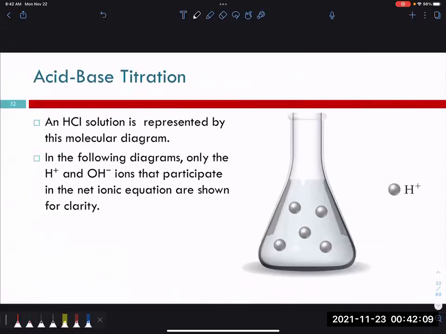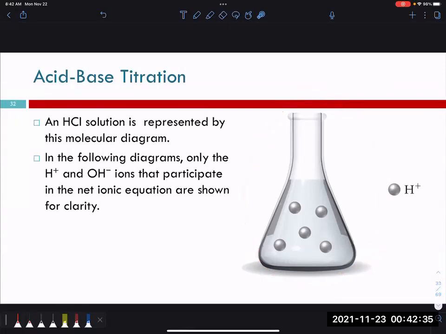So we have an HCl solution represented by this diagram, right? Primarily what we're concerned about is the number of protons in that solution. In the following diagrams, only the hydrogen and hydroxide ions that participate in the net ionic reaction are shown for clarity. So this is our solution, or unknown solution.